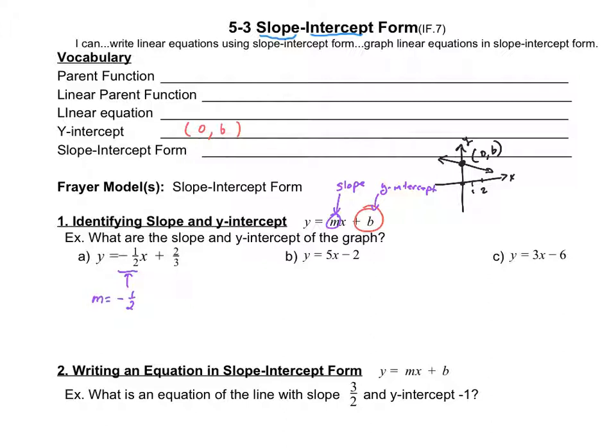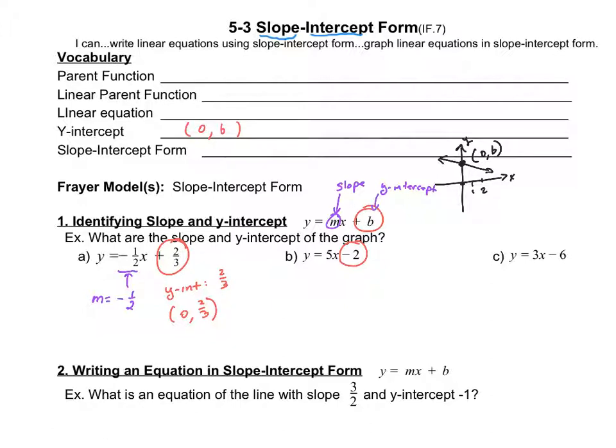Slope is represented most often with the variable m, especially in the equation of a line. And then my y-intercept is going to be whatever I am adding or subtracting in my equation. So my y-intercept is going to be 2/3, and if I wanted to write that as an ordered pair, that would be (0, 2/3). So identify my slope and y-intercept. There you have it. My slope is -1/2. My y-intercept is 2/3.